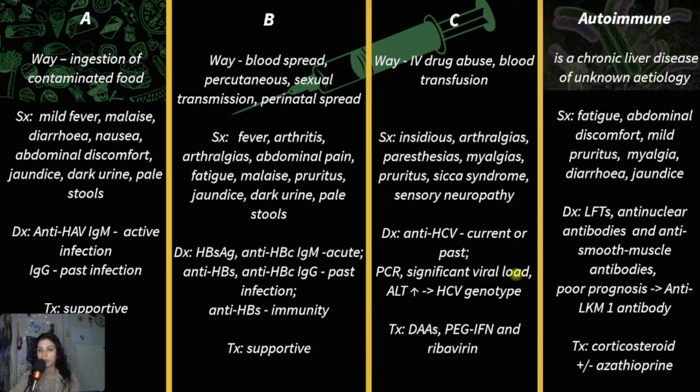So next is autoimmune hepatitis. It's a chronic liver disease of unknown etiology, and it's usually in females. The symptoms also could be insidious, and also could be fatigue, abdominal discomfort, mild pruritus, myalgia, dysuria, and jaundice.